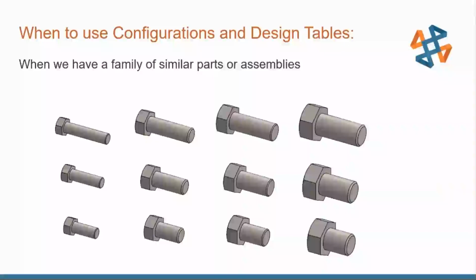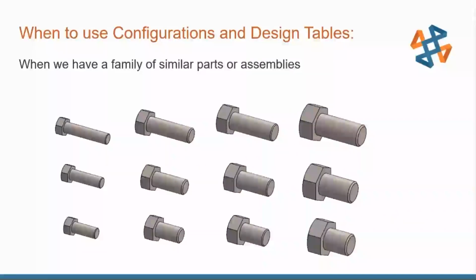The good old hex bolt, perfect example of a SolidWorks part or really any part that's configurable or that we would want to apply a design table to. Similar shapes, simply different diameters, different lengths, different sizes on the hex head itself. I like to say you would never use configurations to turn a model of an end wrench into a hammer.